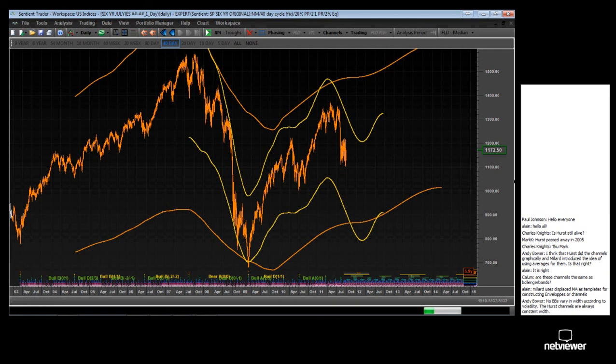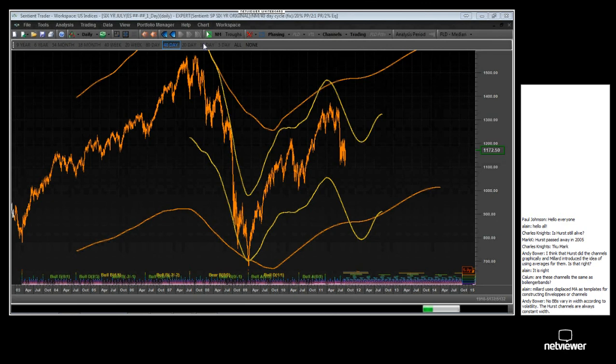And we can see something else very interesting about these channels. In fact, let me change the plotting of this chart to a line on median, to avoid that causing confusion. Right. Now, you notice something interesting here about the way in which the orange channel, which is the 54-month channel, and the yellow channel, the 18-month channel, interact.